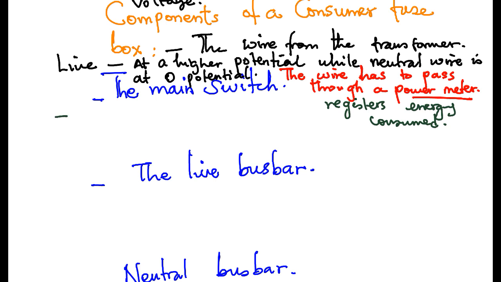The consumer fuse box has the following components: the main switch, this disconnects both the live and neutral wires simultaneously.